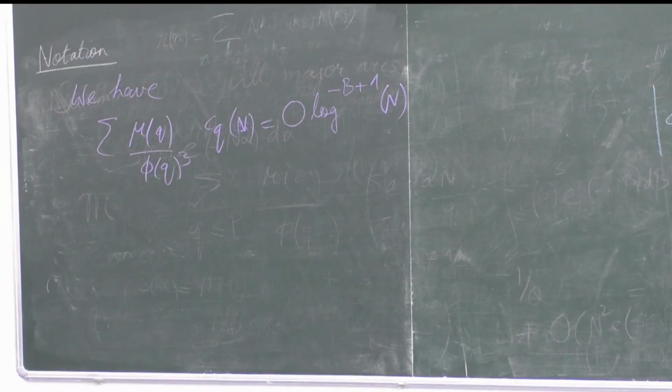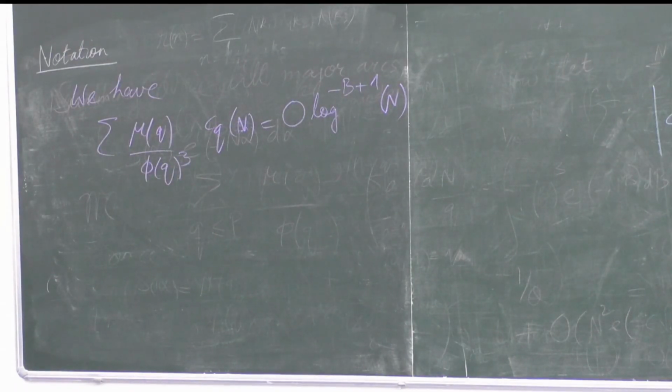You can see that I've almost finished, but not really. I still need to evaluate T of beta. And once I evaluate T of beta, the major arc part is done.